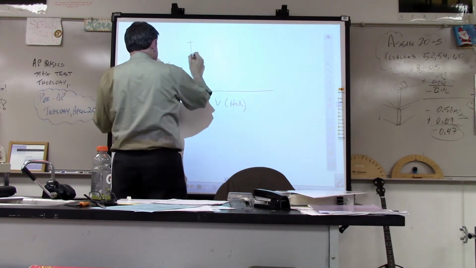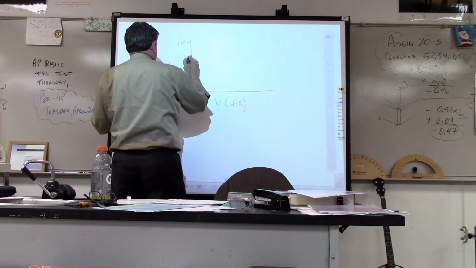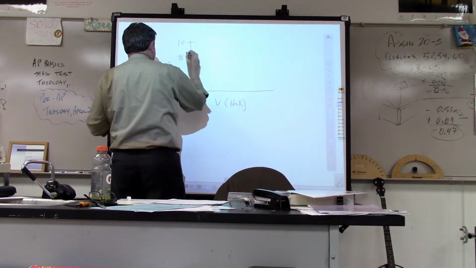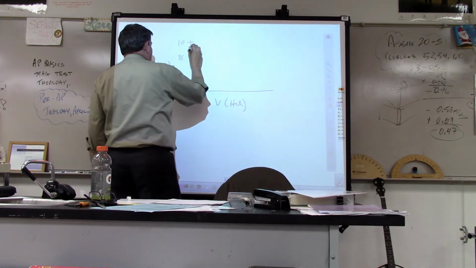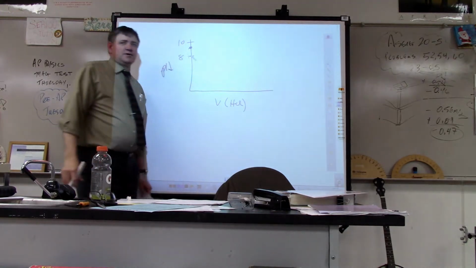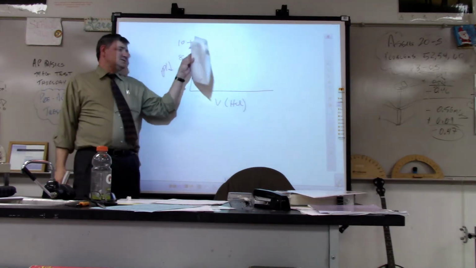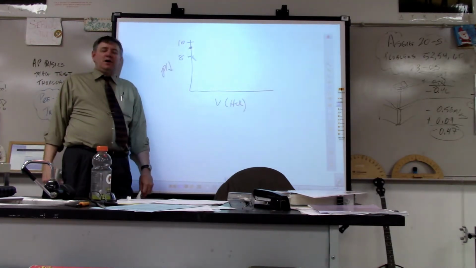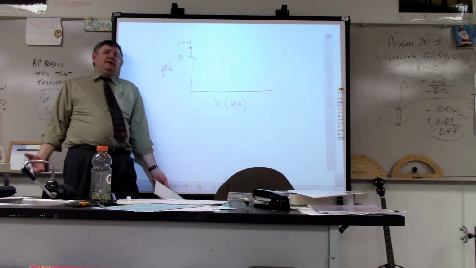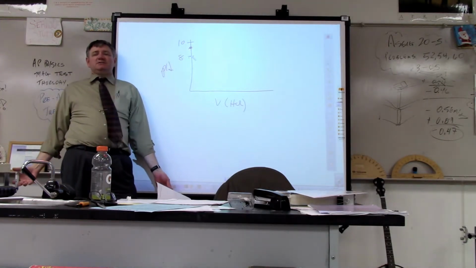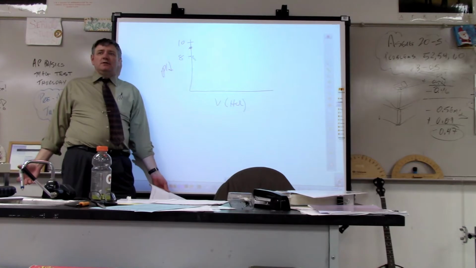Here's 10, and there's 8. So even before you add hydrochloric acid, why is this pH up here? Why isn't it at 7? We haven't added any acid to it. We haven't added any sodium hydroxide to it.